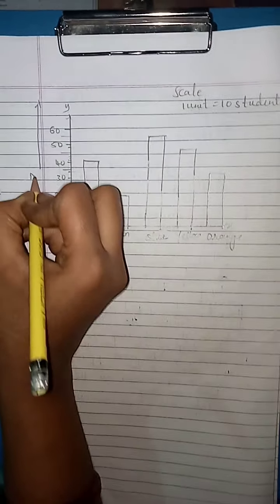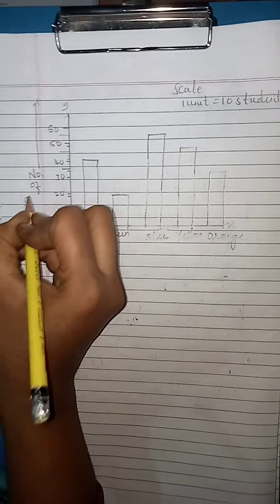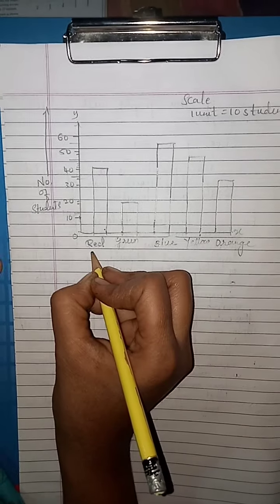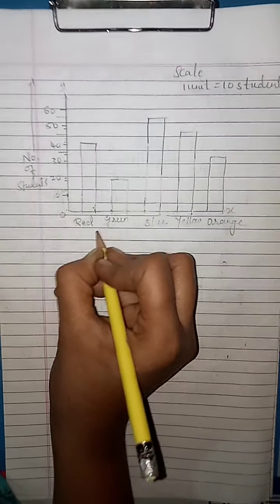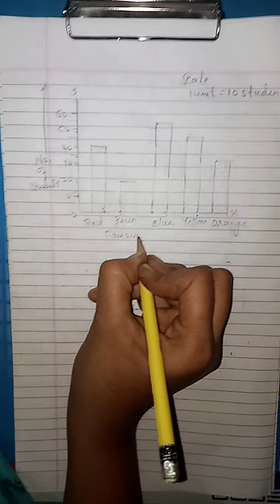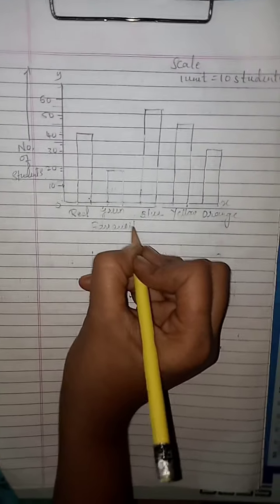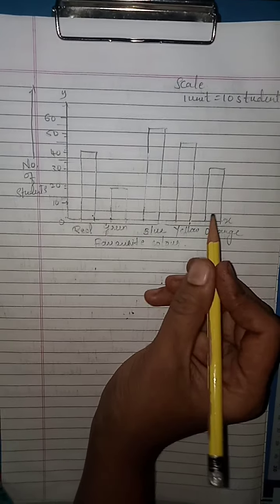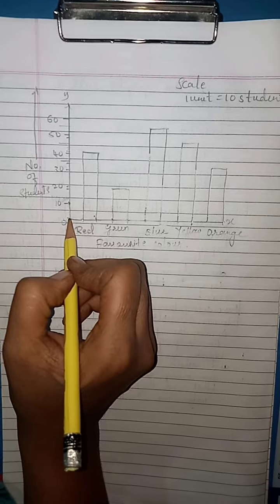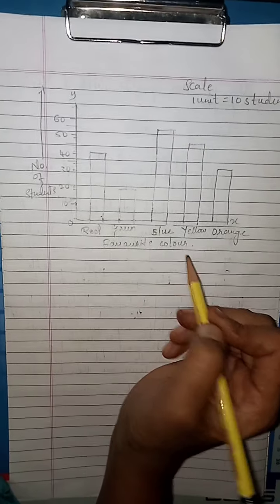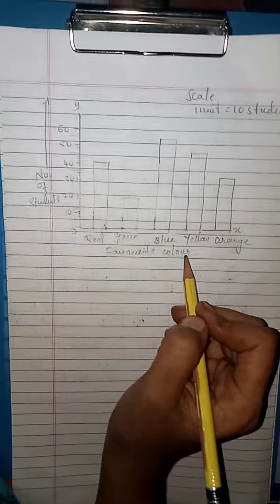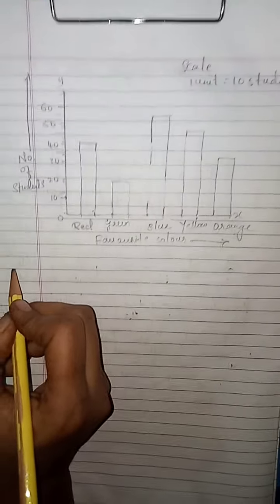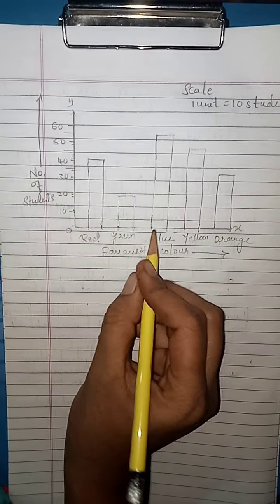This indicates the number of students. And along the x-axis you have to choose the favorite color of the students. Understood, children?